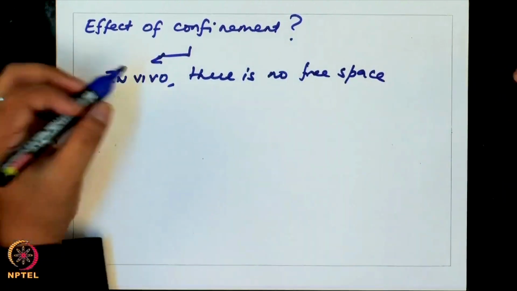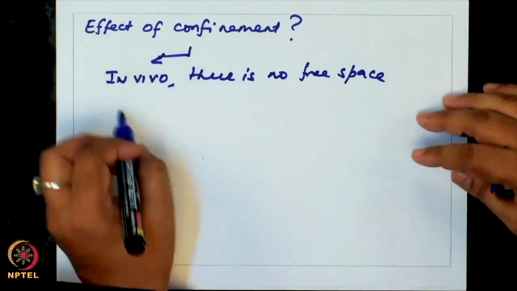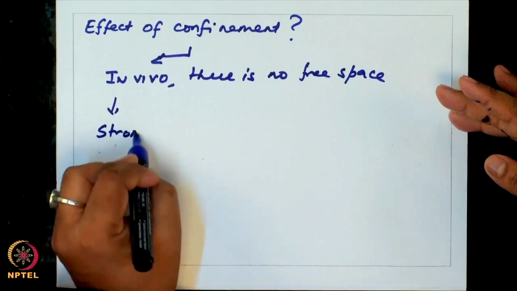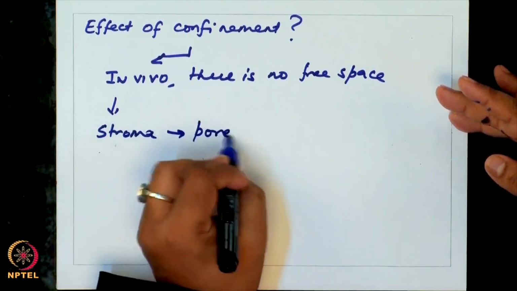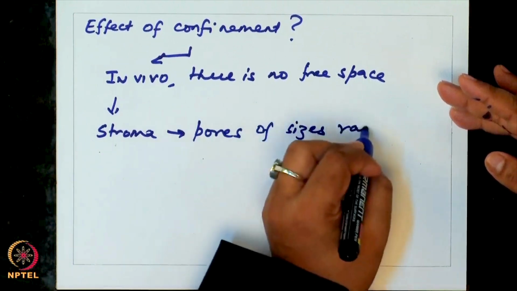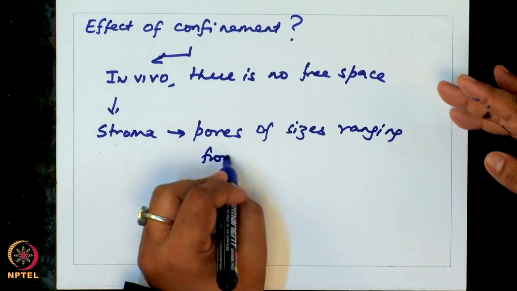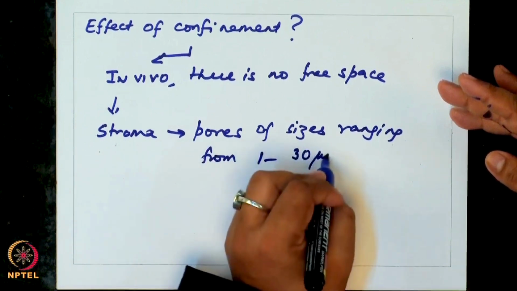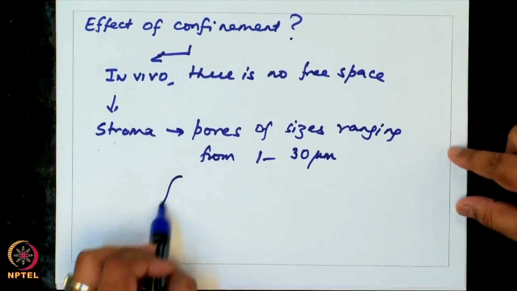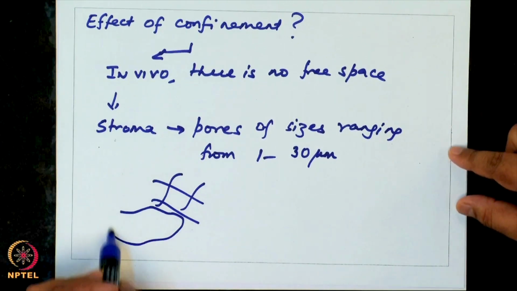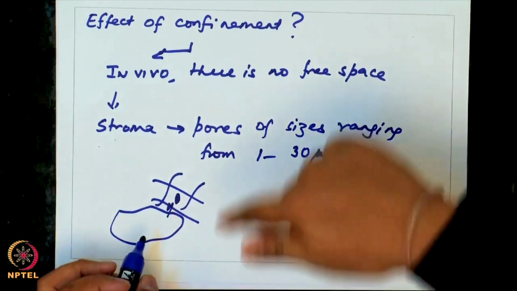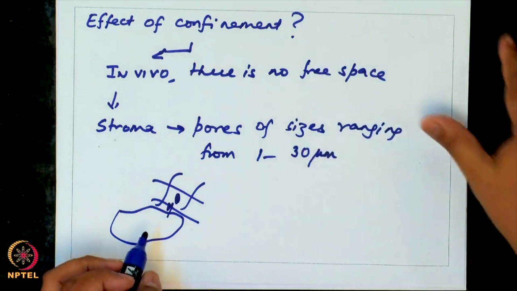The same process will happen inside some ECM or the stroma, which has pores of sizes ranging from 1 to 30 microns. So, how will the process happen when the cell is actually tracking the bacteria through this matrix, where the cell has to squeeze through this confinement?